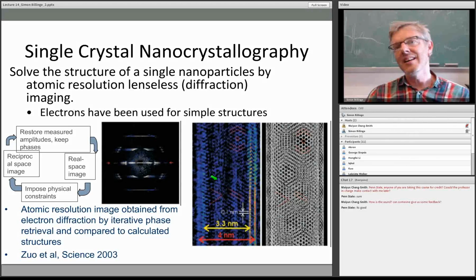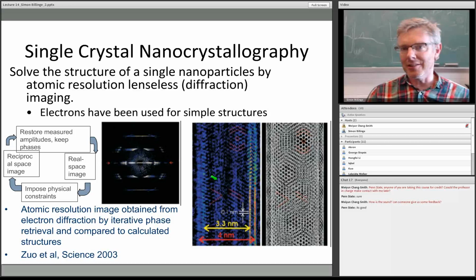This is ongoing work, and it looks very promising. We have very powerful sources, like modern aberration-corrected electron microscopes and also linear coherent light sources, for example free electron lasers. So it's a very exciting area, but no cigar. They haven't solved any structure that anyone wants to know the answer to.